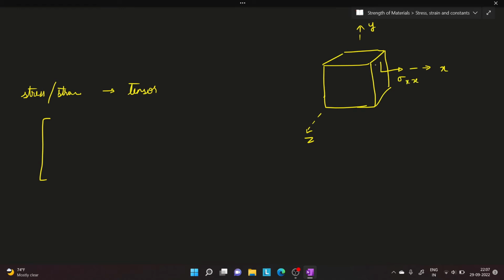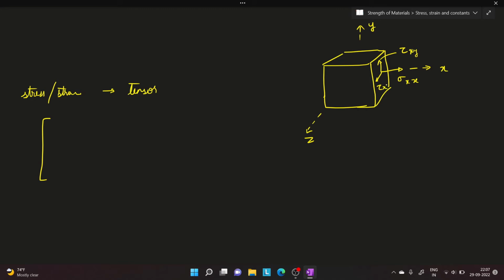I'll take the positive shear direction, so remember the right face will be upwards. This quantity is going to be tau xy, and this is going to be tau xz.